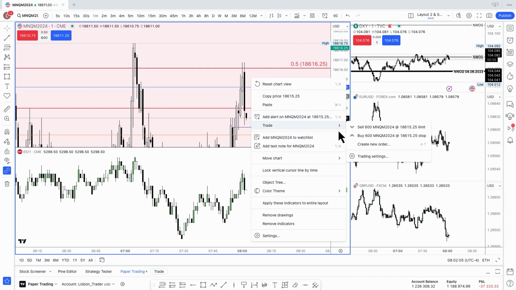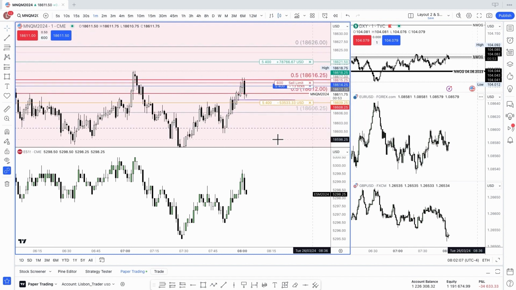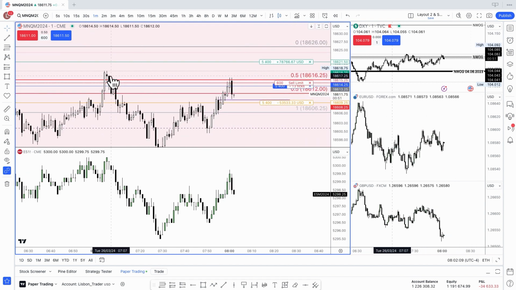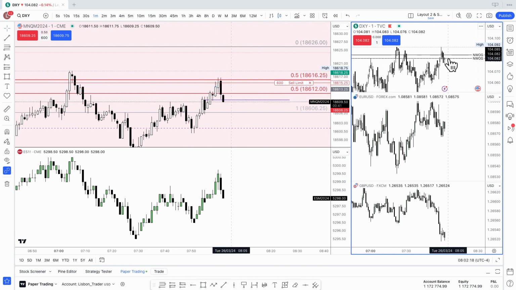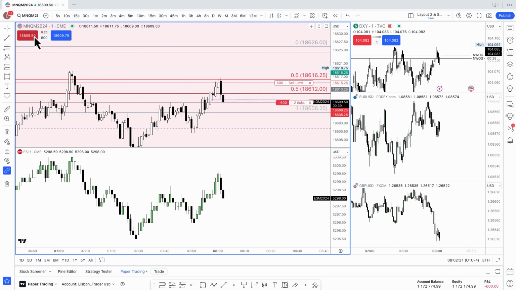Want to see it push higher. The DXY is moving to this new weak opening gap. So I believe we are done with the longs.